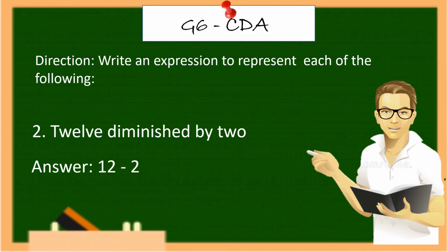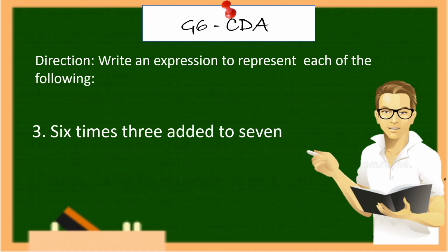The answer, 12 minus 2. Number 3. 6 times 3 added to 7. Or 7 plus, open parenthesis, 6 times 3, close parenthesis.